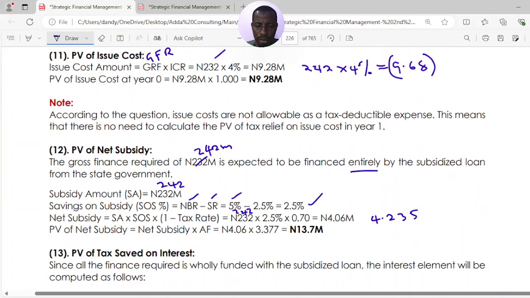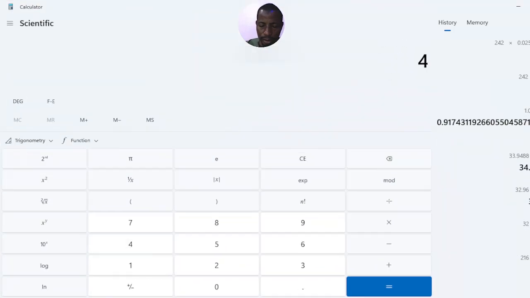So now you multiply with 4.24. Let's do that. 4.24 multiplied by 3.377.